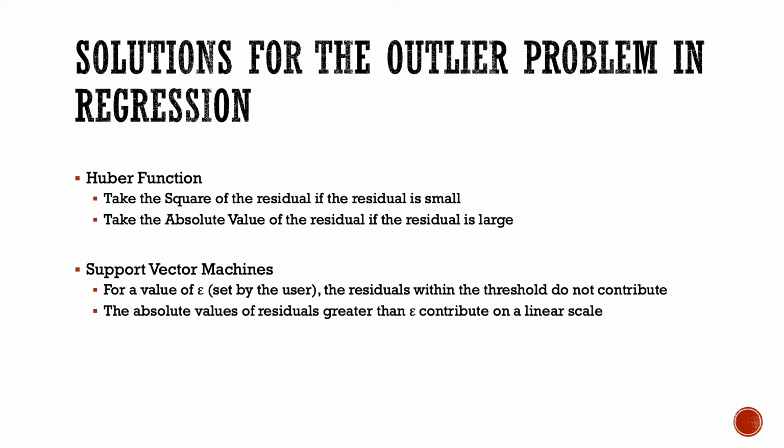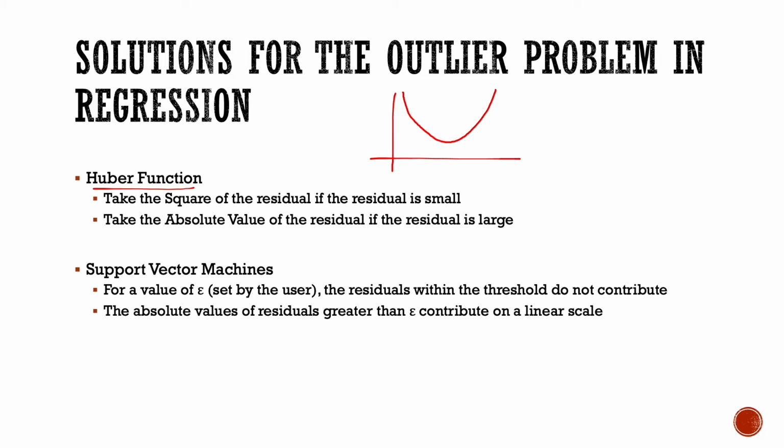To solve the problem of outliers, first there came a solution in the form of the Huber function. What the Huber function did was that instead of taking the square of the residuals, it took the absolute value. The residuals are the actual value minus the predicted value. If I use the mean square error, the square of the residuals will form a graph like this.